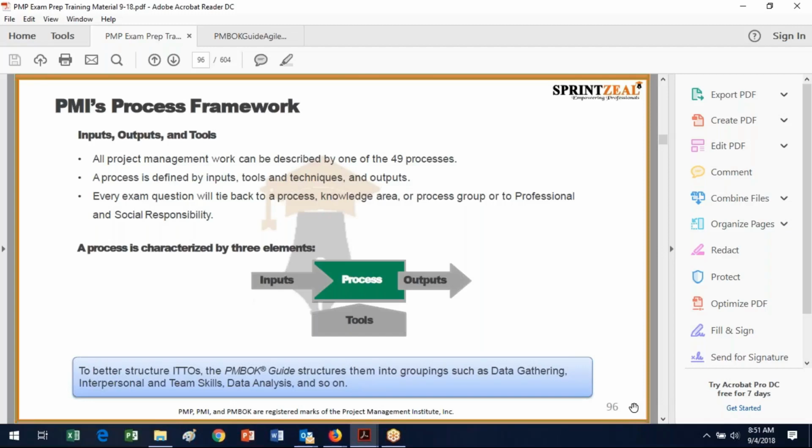But again, not just in the PMBOK, but in the wider realm of what you know in the world. So each process has inputs, tools, and techniques to carry it out, and outputs. And it's important to know which processes have outputs that go to other processes, and which processes take their inputs from other processes. That's another kind of question that will be asked of you.